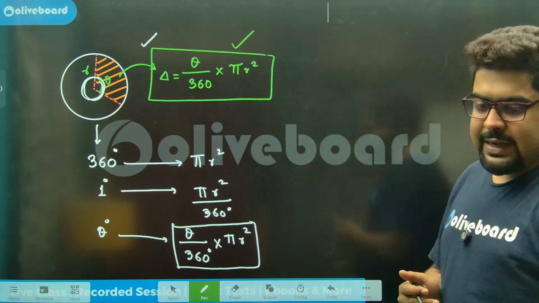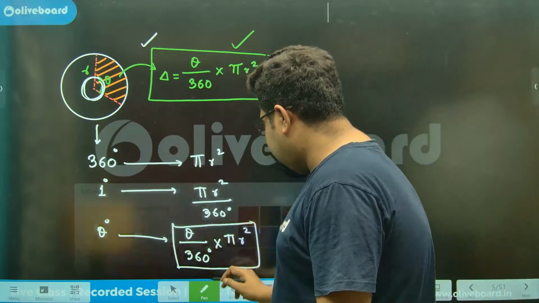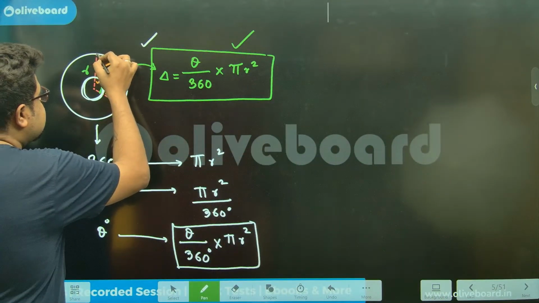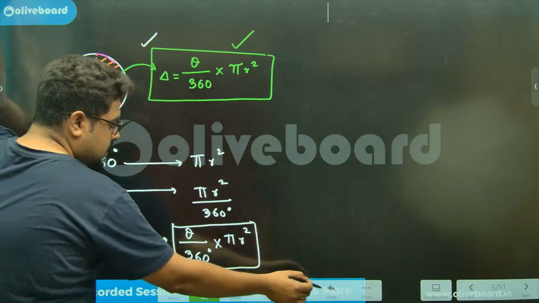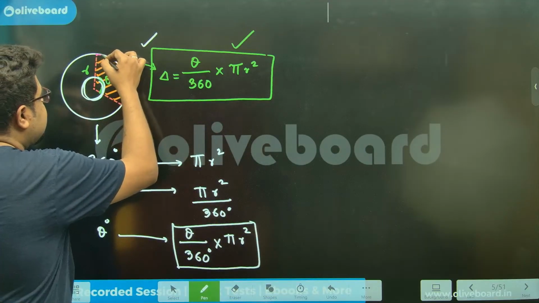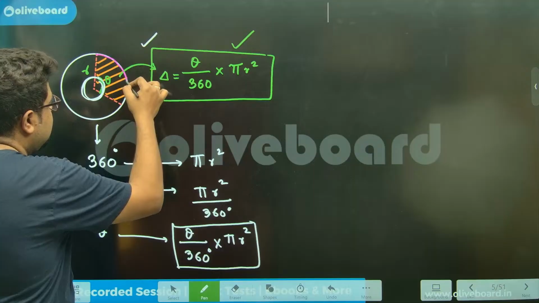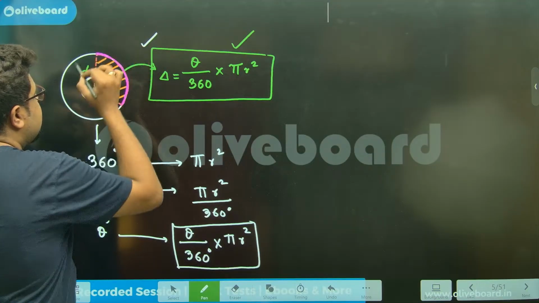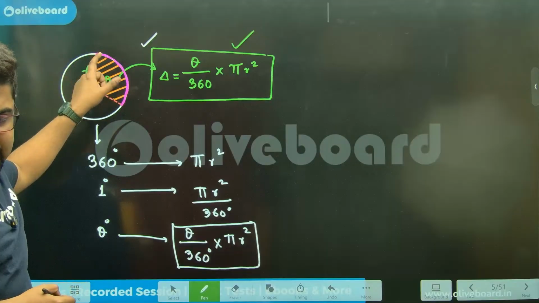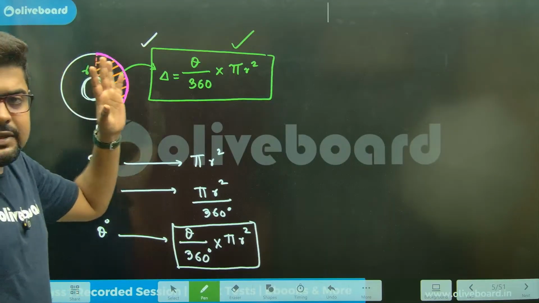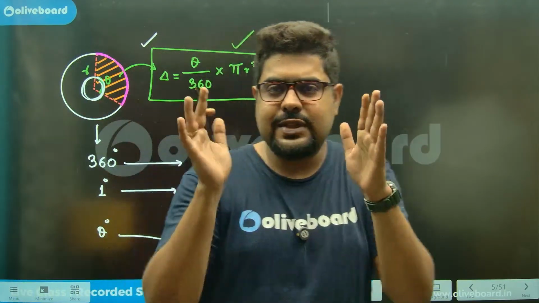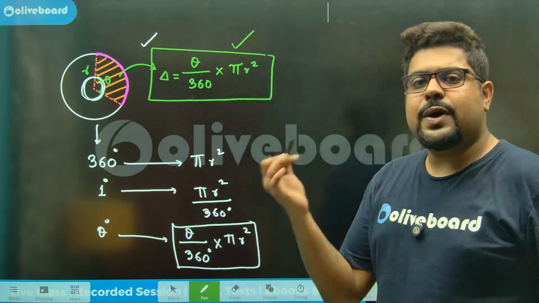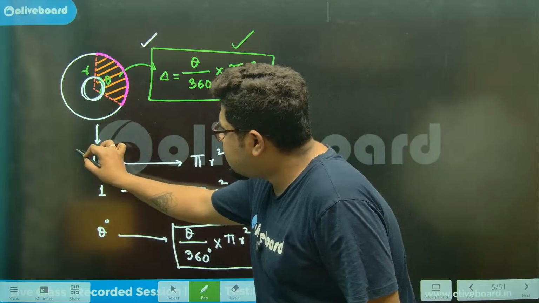Similarly, instead of area, they might ask what the arc length is. Let's say what is the length of this arc, a circular arc, one part of the circumference. The same logic can be used.